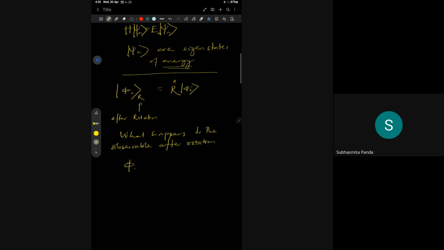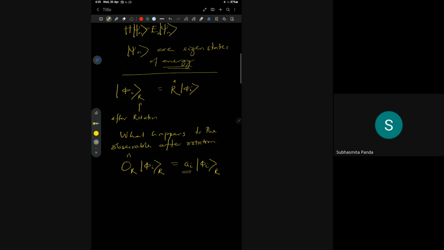So we'll operate, sorry, O. The operator is O. But after rotation, O R operating on phi I R will be equal to A I phi I R. This A I will not change.